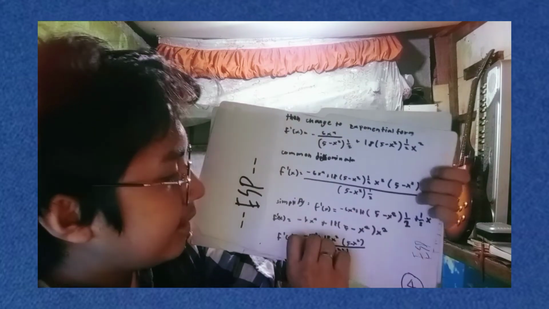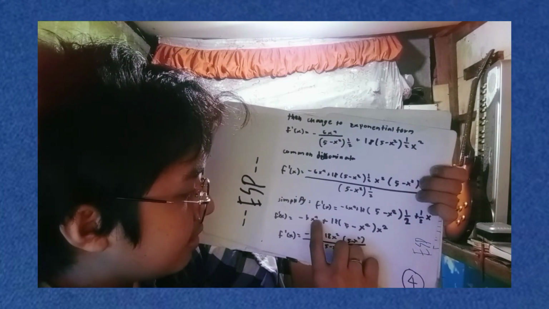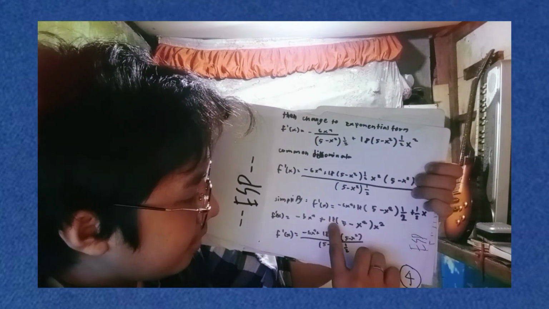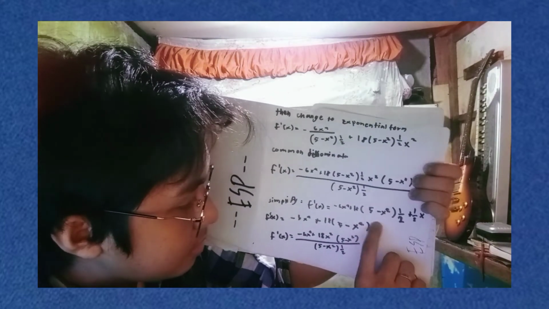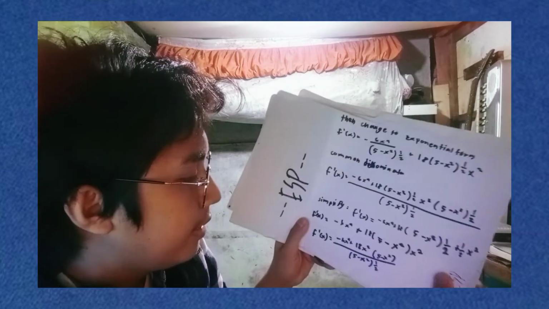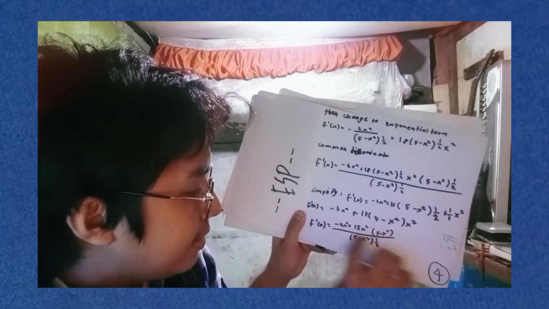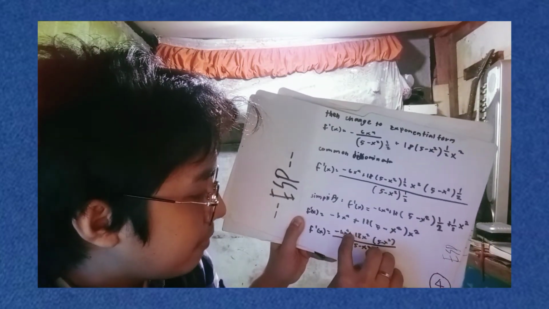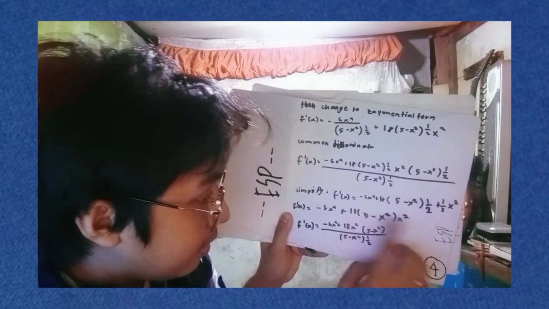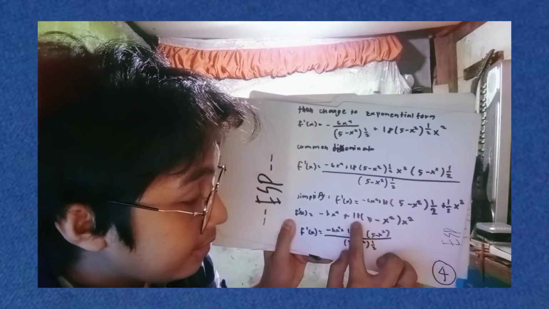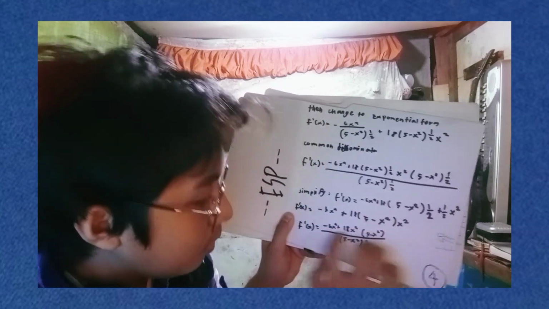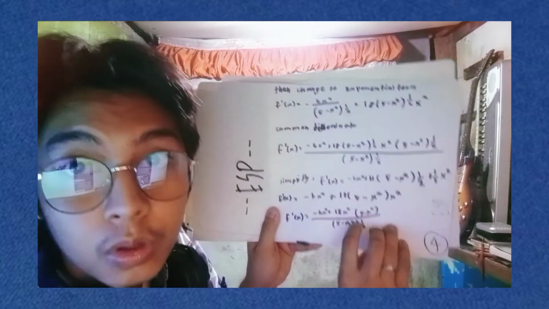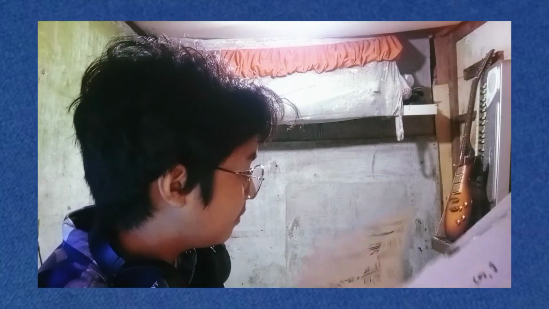Then write again, negative 6x raised to the 4th power plus 18 times the quantity 5 minus x squared times x squared. Then we got this, negative 6x raised to the 4th power plus 18x squared. We join these two, then we got 18x squared, then copy this quantity 5 minus x squared, all over the quantity 5 minus x squared raised to 1/2.